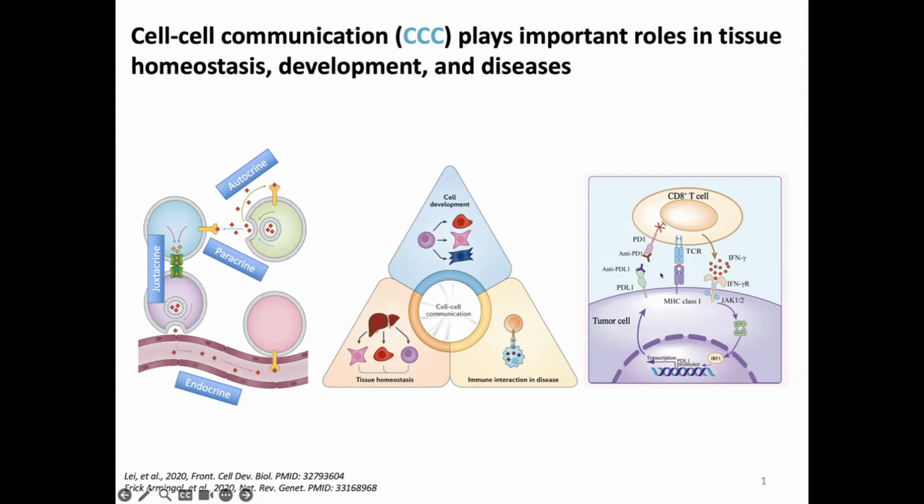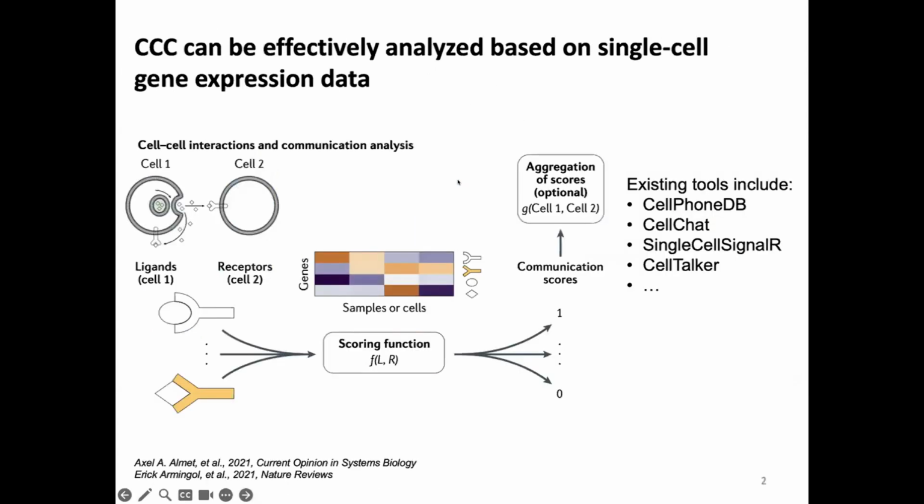One very famous example might be the immune checkpoint mediated by PD-L1 and PD-1. Those cell-cell communications can be computationally inferred based on gene expression data, especially with the recent development of single-cell RNA-seq technologies.